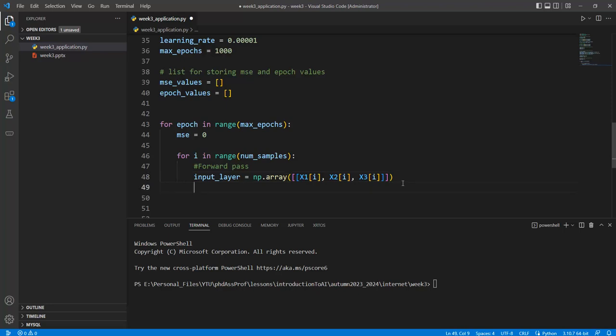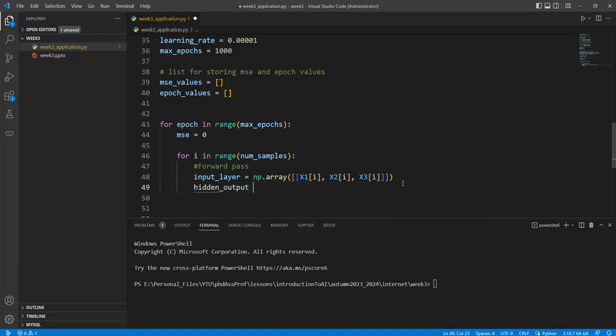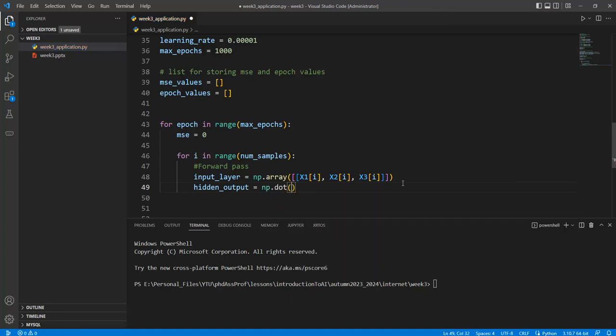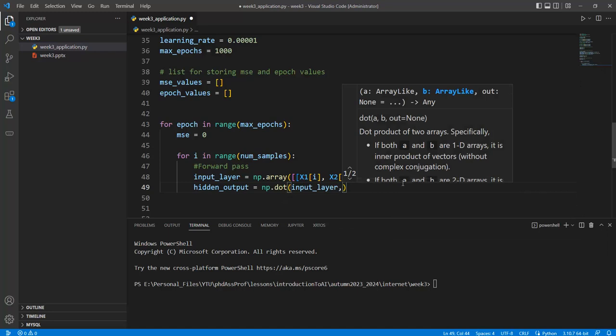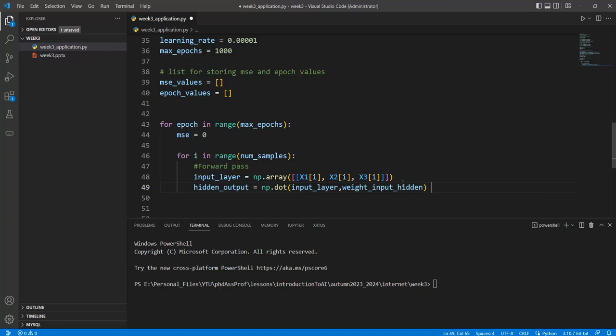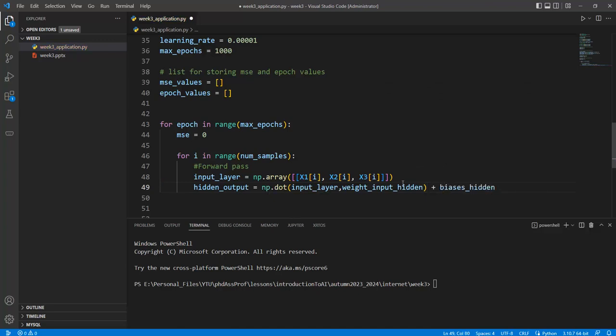Okay. And after that, the hidden output can be calculated by the np.dot operator here: the input layer multiplied with the weights input to hidden layer plus biases hidden layer.